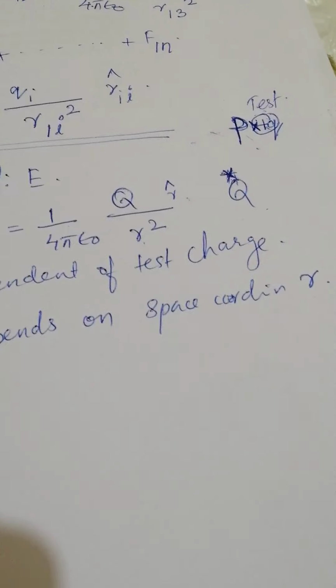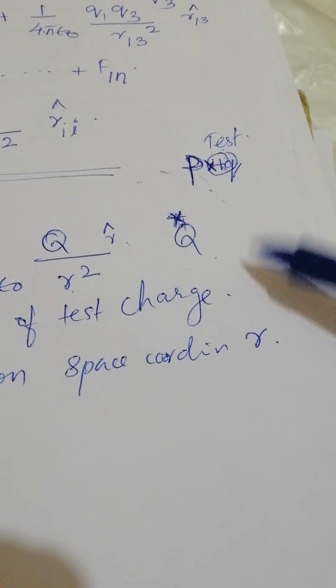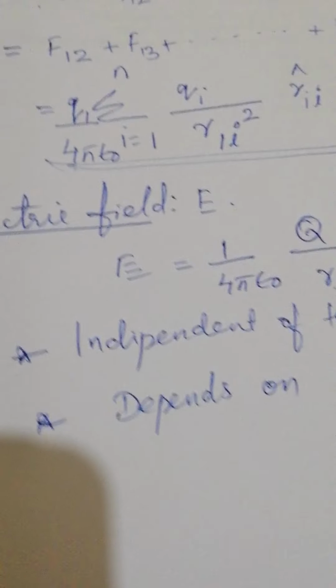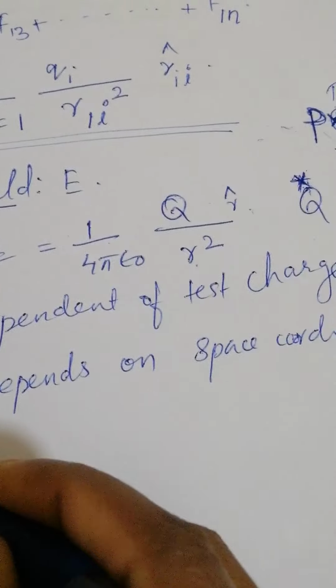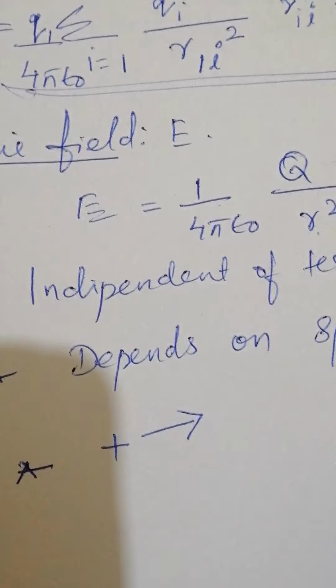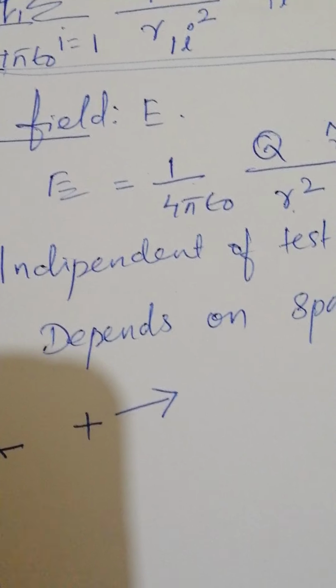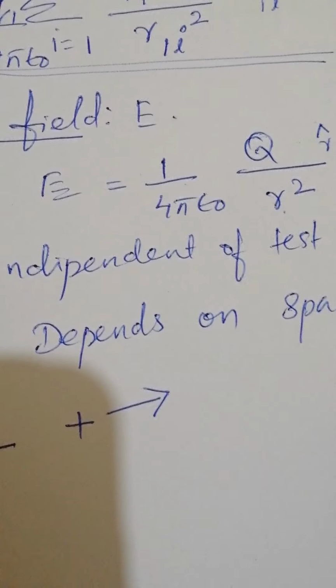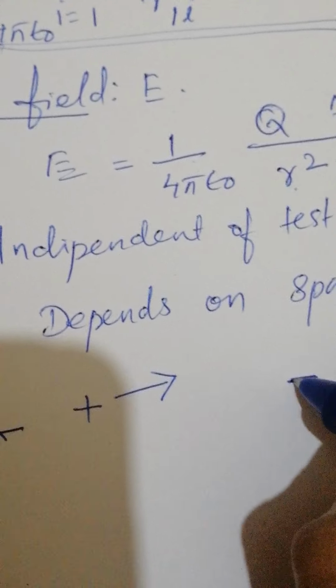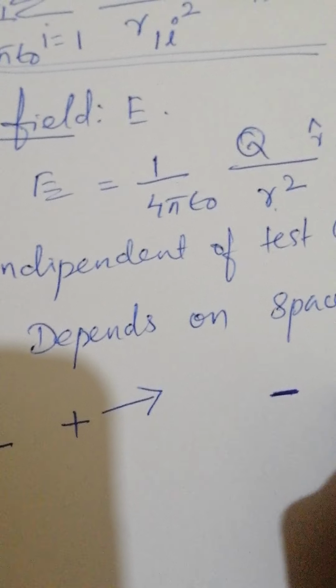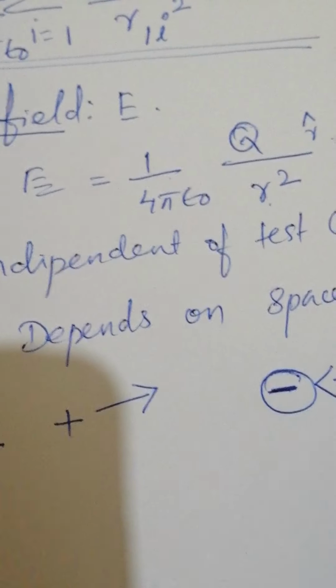That means at different points electric field will be different. And another point is that for a positive charge electric field is directed radially outwards, and for a negative charge electric field is directed inwards.